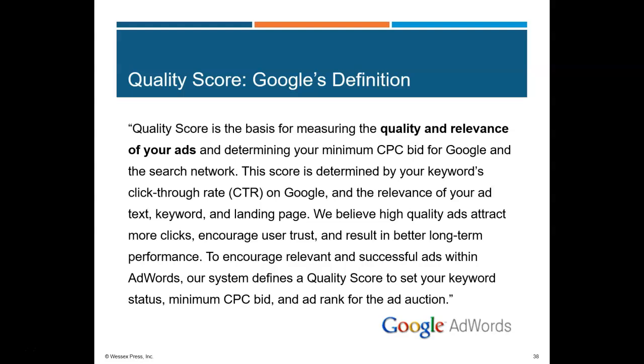We believe high-quality ads attract more clicks, encourage user trust, and result in better long-term performance. To encourage relevant and successful ads within AdWords, our system defines a quality score to set your keyword status, minimum CPC bid, and ad rank for the ad auction.